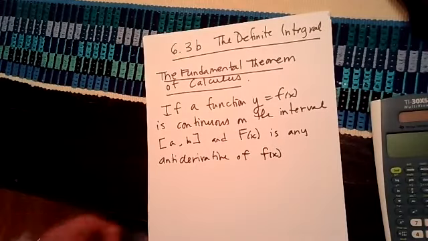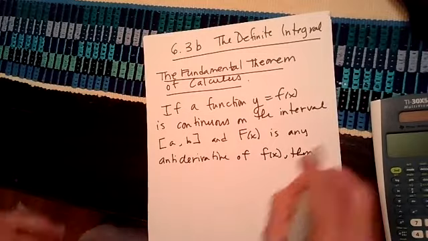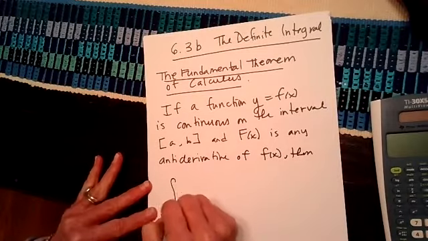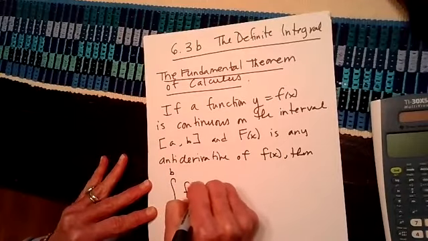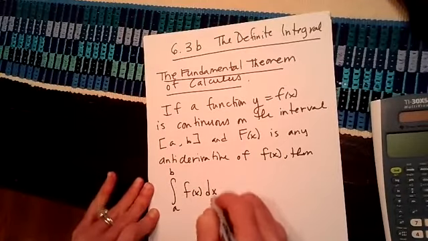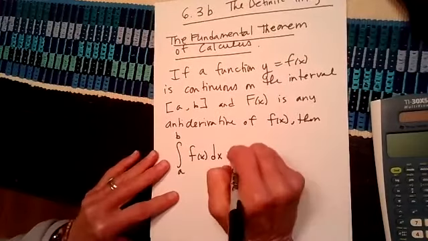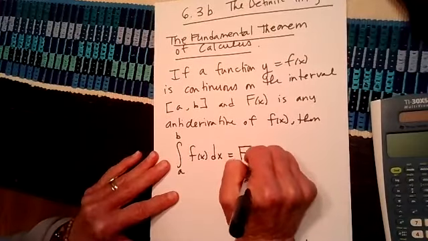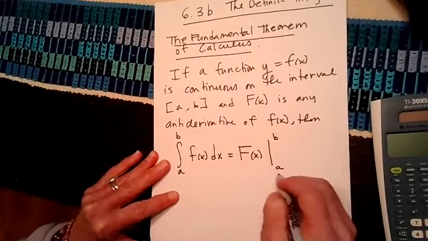Okay. Then we can say the integral from a to b of f of x dx is the antiderivative, capital F of x, and we're going to evaluate it from a to b.